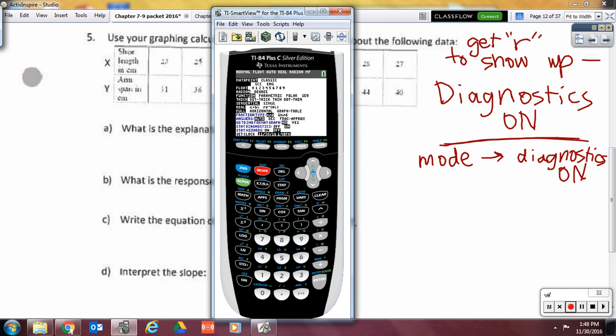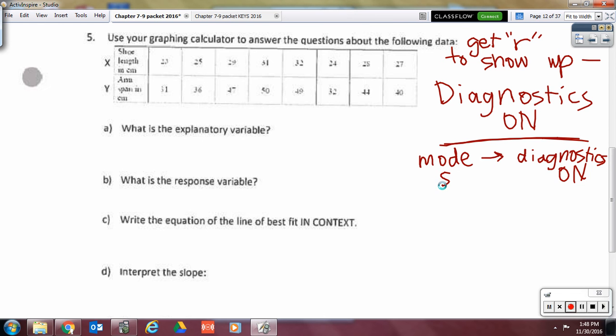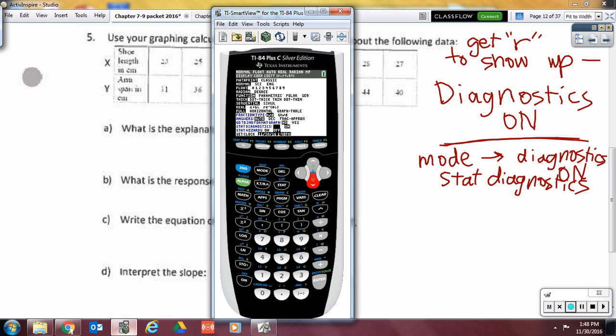I do that and I just arrow down until I find the line that says Stat Diagnostics. Okay, some of the old ones do have it too. I know some of my yellow ones have it and some of my yellow ones do not. So I'm turning my Stat Diagnostics on. All right, now you're set. If you go back and you recalculate, you are good to go.